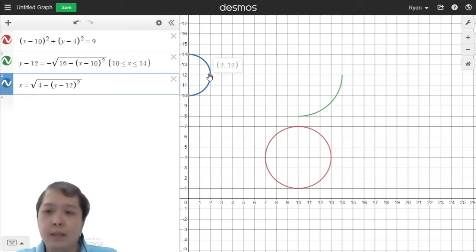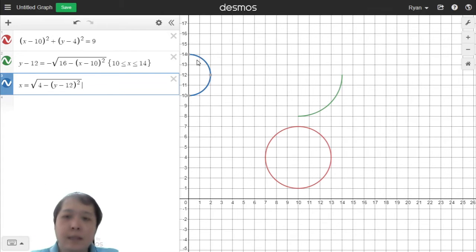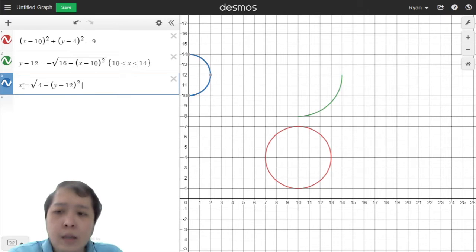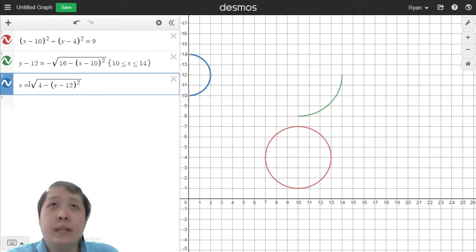We can look here, the blue semicircle, it's only the right part. Why is it only the right part? The logic is like this. I'll try to make it simple. Here in this blue equation, x is actually a function of y.